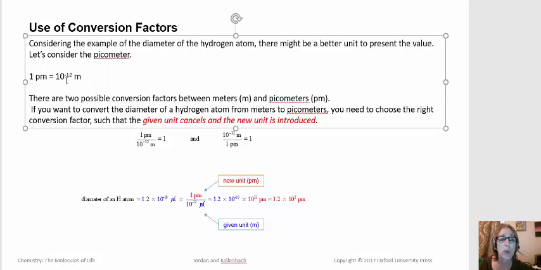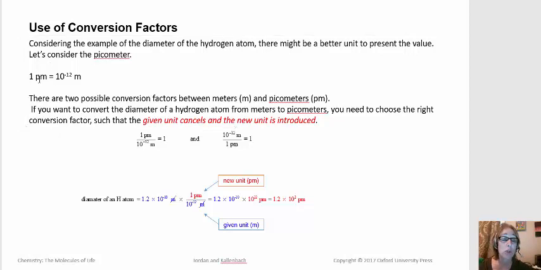So once we know what the equality is, how do we write a conversion factor from that? Well, a conversion factor is a ratio of those two quantities. I have two different ways I can write this conversion factor, and notice I'm focusing on the units. As you do conversions, you really want to focus on the units. I can write picometers in the numerator and meters in the denominator, and of course that 10 to the minus 12th stays with the meter.